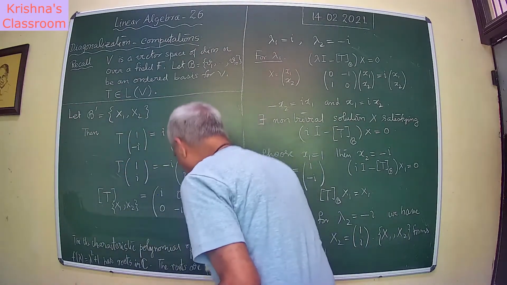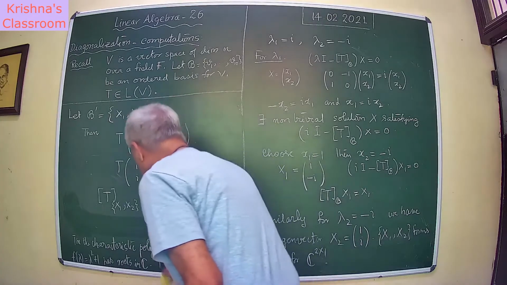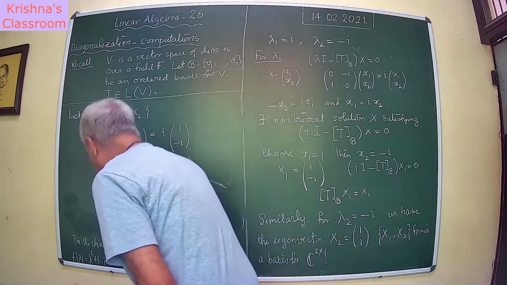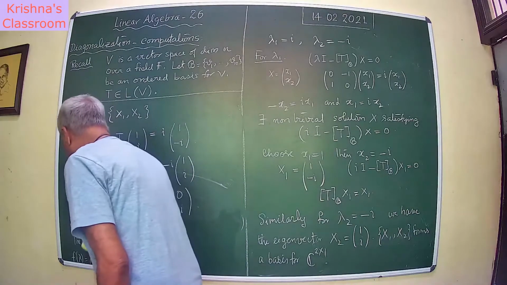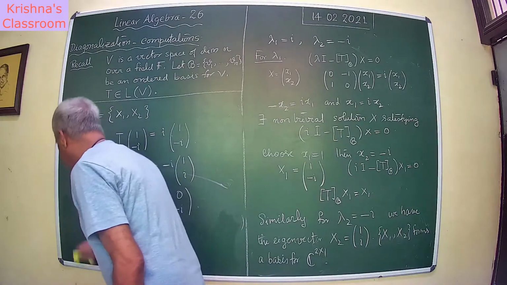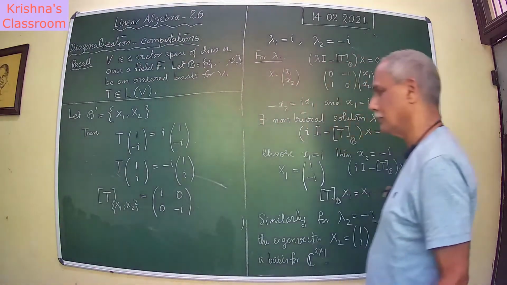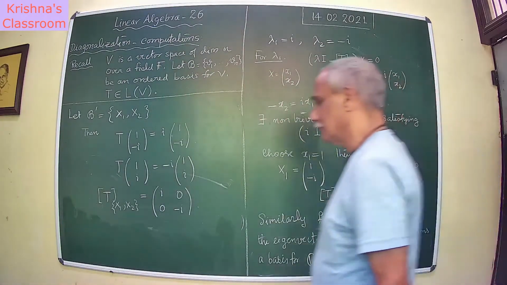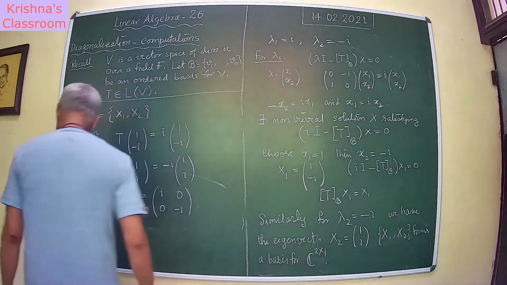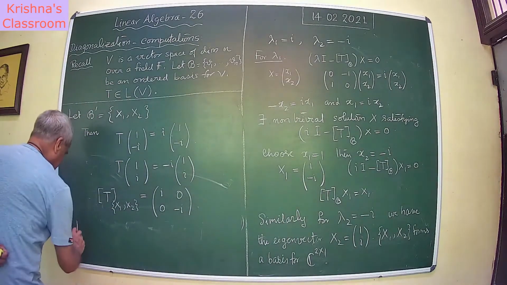So what we infer is that T is diagonalizable as a linear transformation on C2 cross 1, but it is not diagonalizable on R2 cross 1.